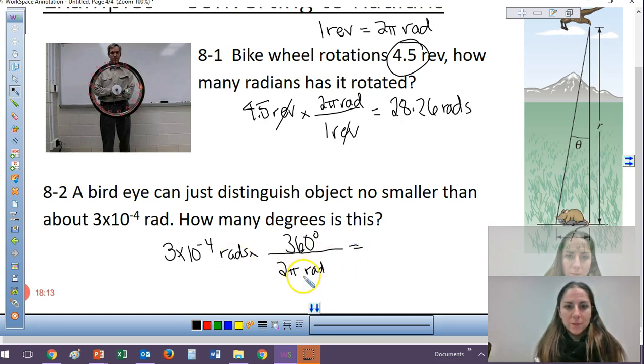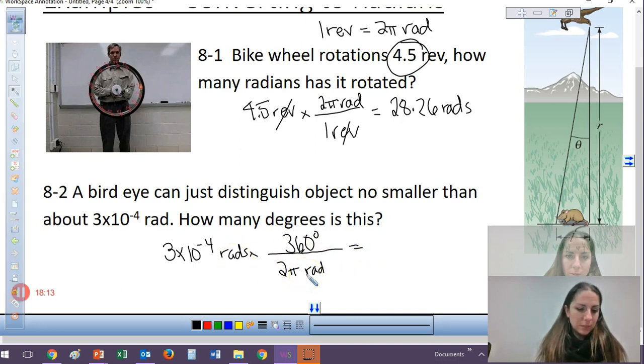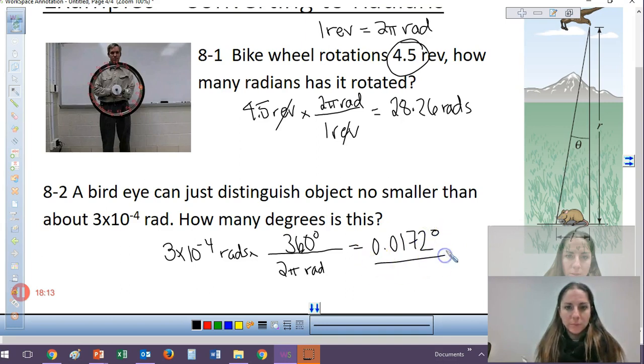So if we want to know how many degrees it is, we're going to do 3e to the negative 4 times 360 divided by 2 divided by pi. 0.0172 degrees, like that.